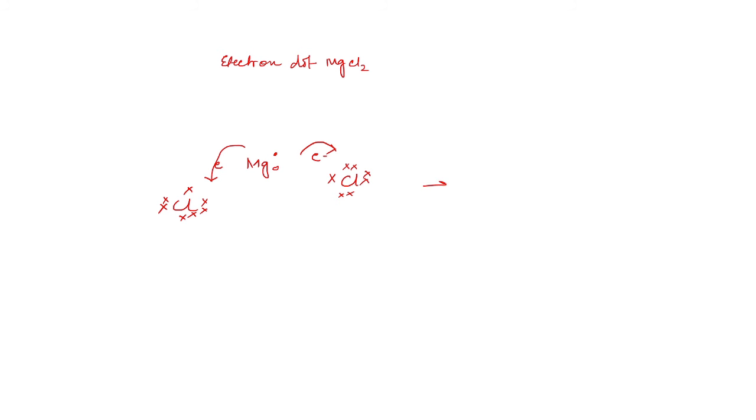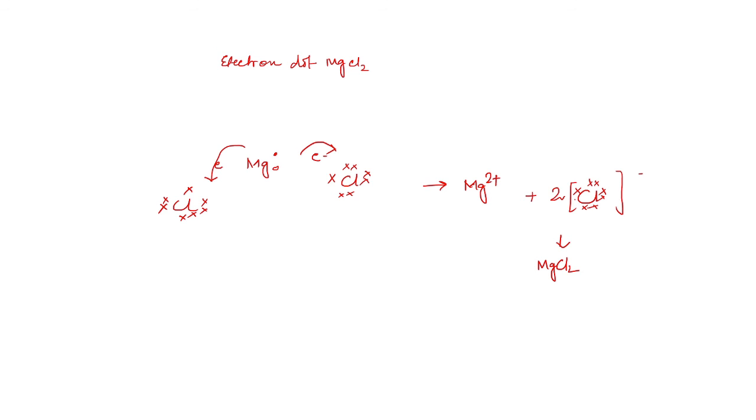Okay, and after it has donated 2 electrons, it will have a double positive charge over it, and chlorine will have 8 electrons in the outermost shell and will form MgCl2.